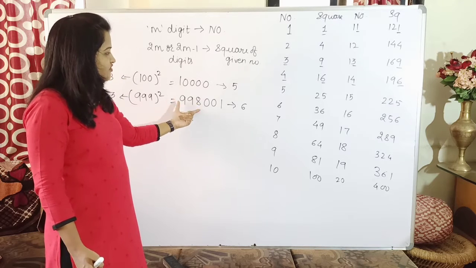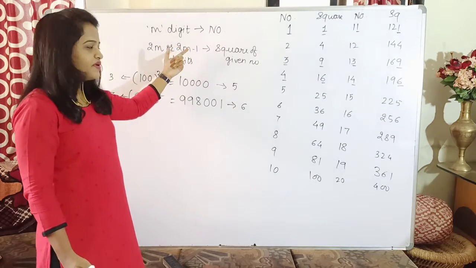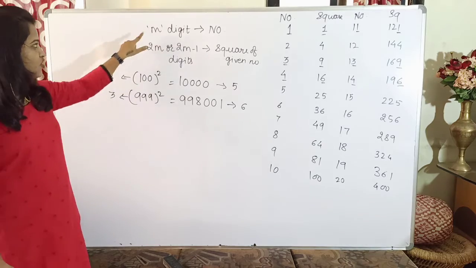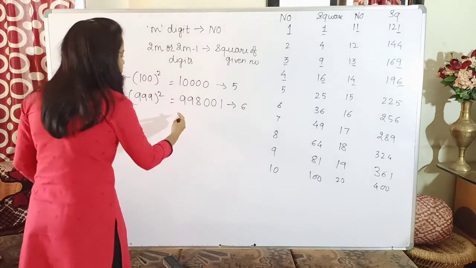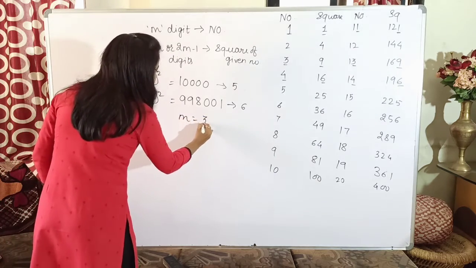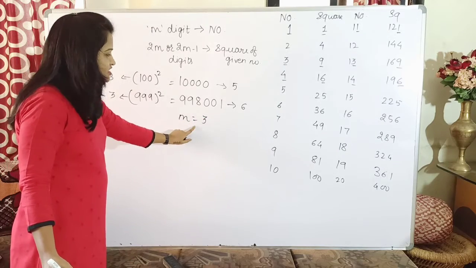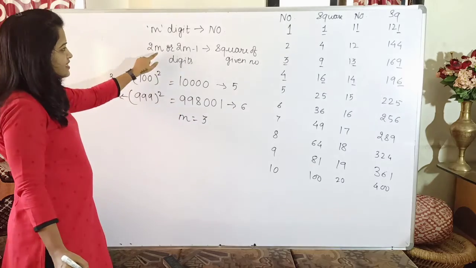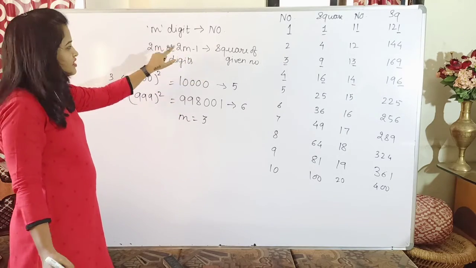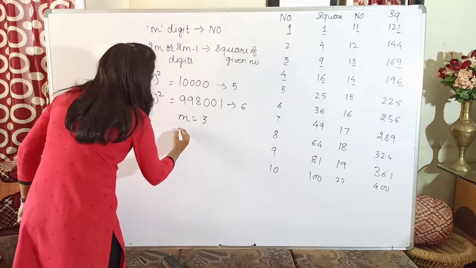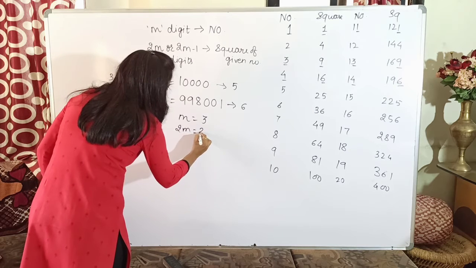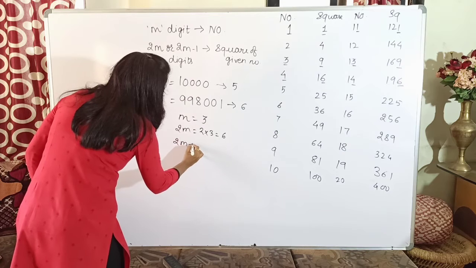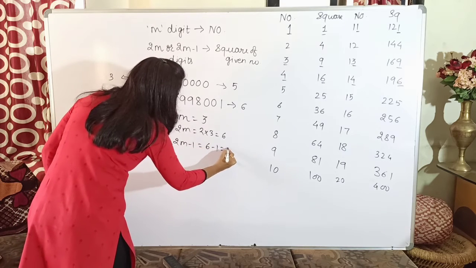Okay, so if you compare it with the property which says if there are m digits in the number, in this case what value will m have? 3. So if there are m digits in the given number, in our case 3 digits, then the square of the given number will have 2m. So 2m means how much? That will be 2 into 3, which is equal to 6, or 2m minus 1, that is 6 minus 1, which is 5.